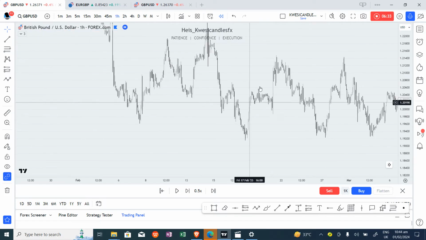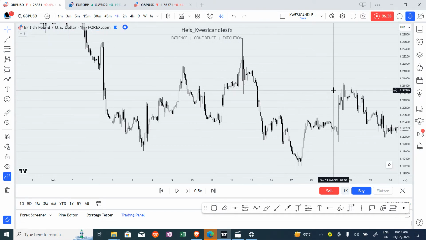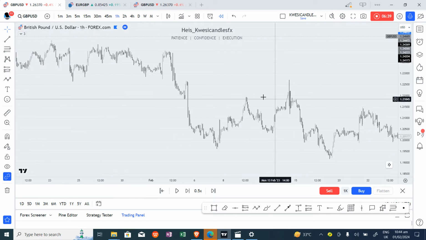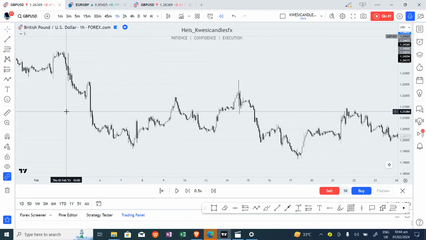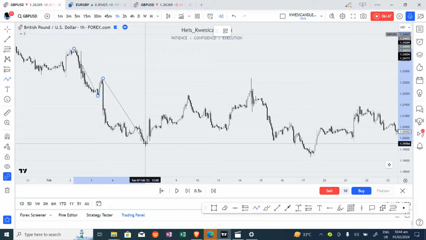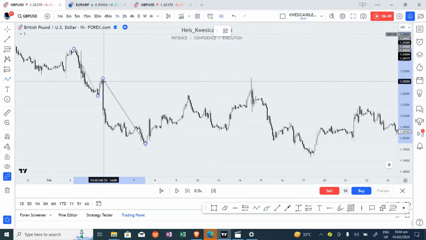for you to see. Let's focus here alone. So you can see that in the bigger picture, we had this push to the upside, and this. Okay, and price came back. Here is our liquidity.